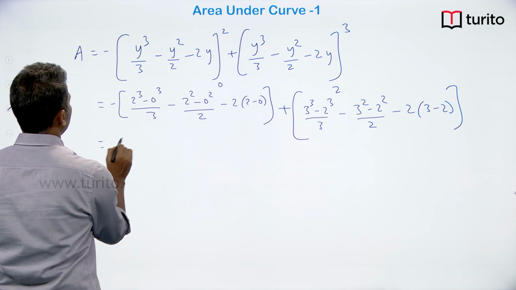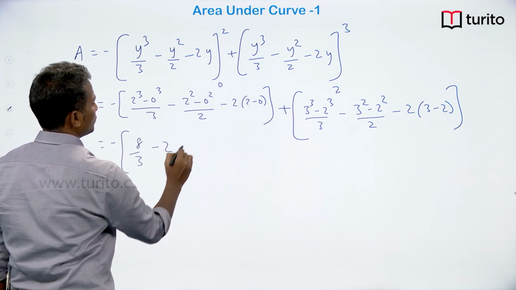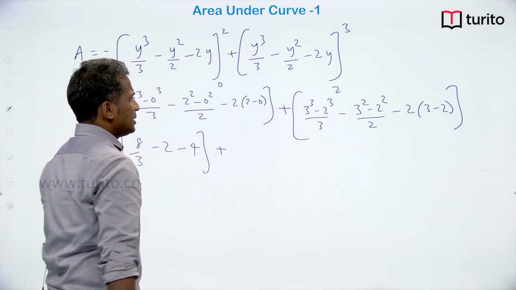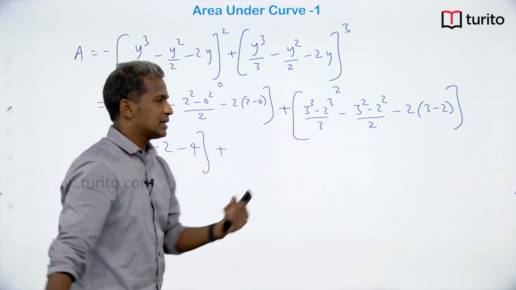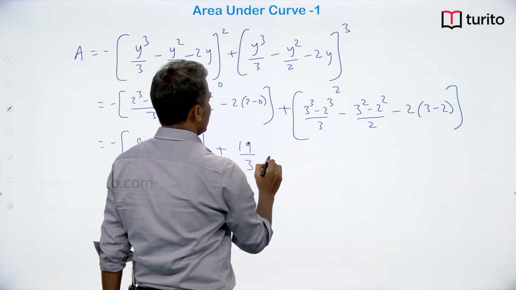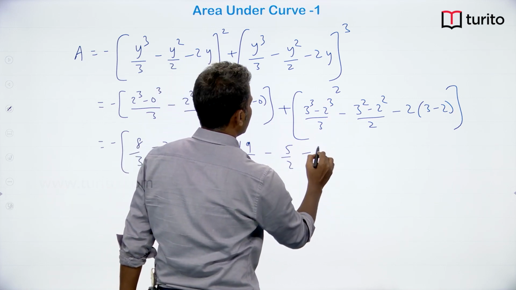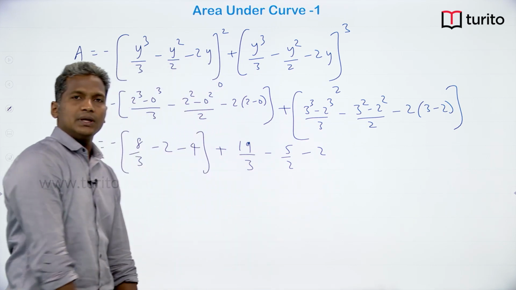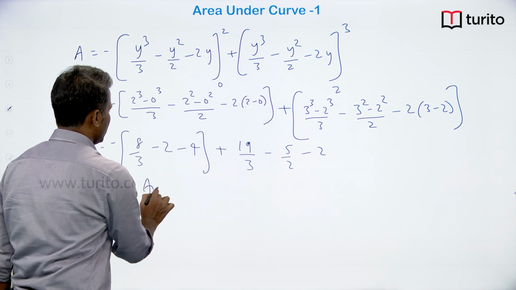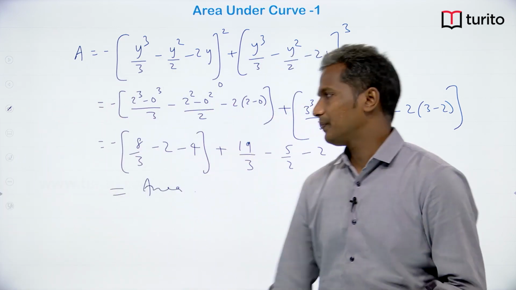So what do we get here? Minus into 8 by 3, and here minus 2, and here minus 4. Here 3 cube is 27 minus 8 is 19, so 19 by 3, and here it is 5 by 2, and here it is minus 2. Now we have to further simplify this, and if we simplify we are going to get the area. That simplification I am leaving to you.